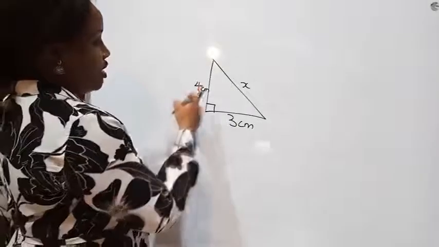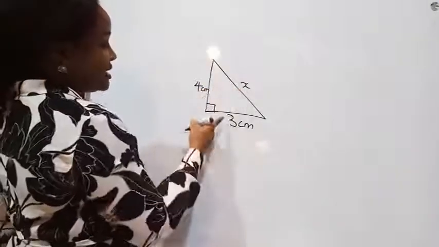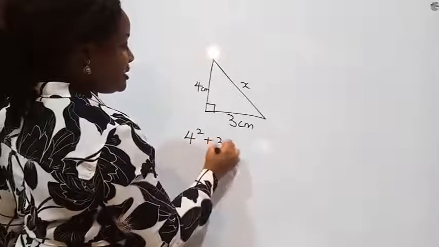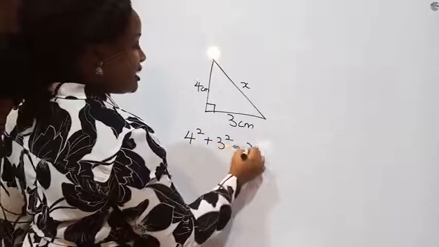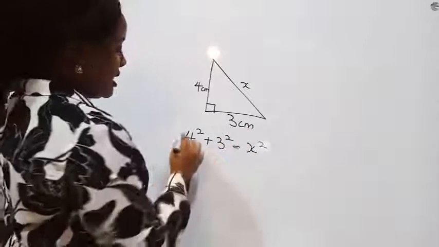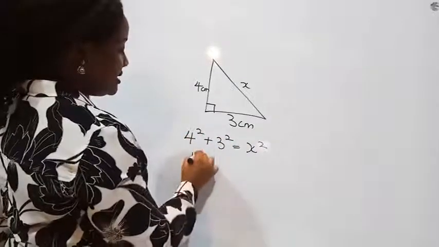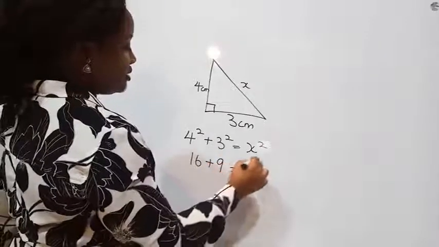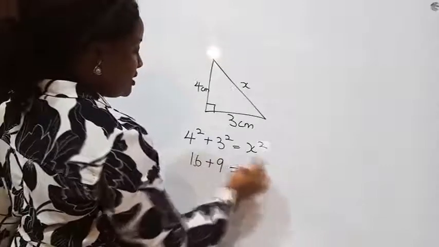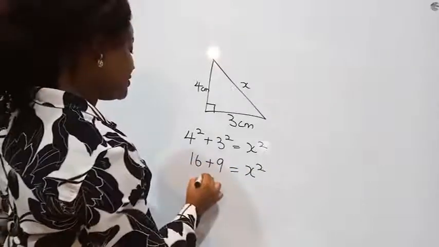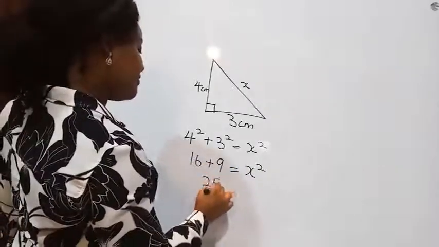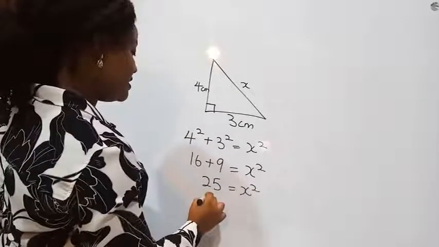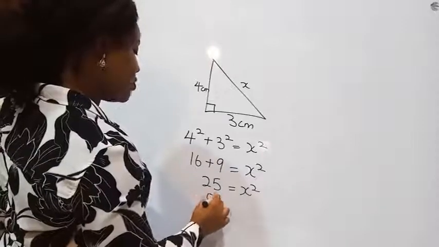So, of course, x is the hypotenuse, this is adjacent, this is adjacent, so you have 4 squared plus 3 squared equals x squared, and 4 squared is 16 plus 3 squared is 9, equals x squared. 16 plus 9 gives us 25. And we all know that 25 is 5 squared.